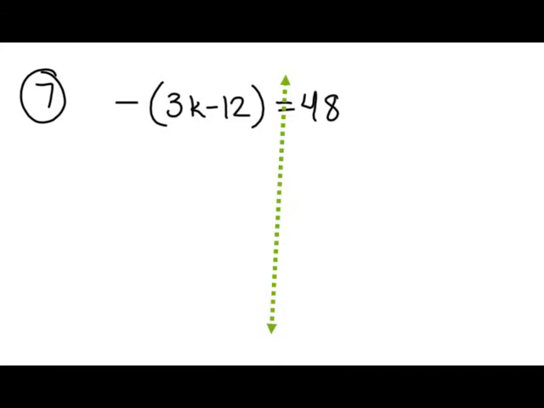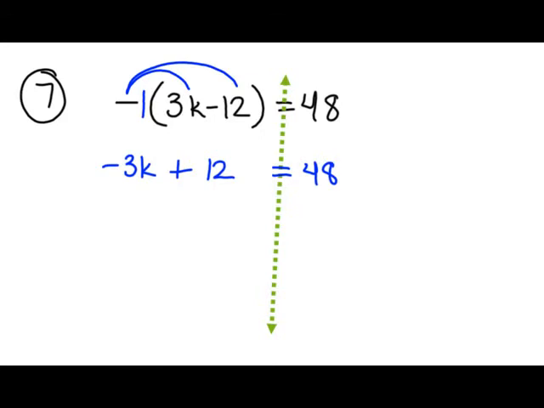Step 1, I distribute. Now this says a negative, and we're going to distribute a negative. It's like distributing a negative 1. Negative 1 times a positive 3 is a negative 3k. Negative 1 times a negative 12 is a positive 12 equals 48.